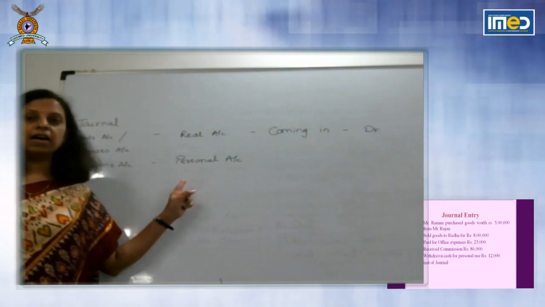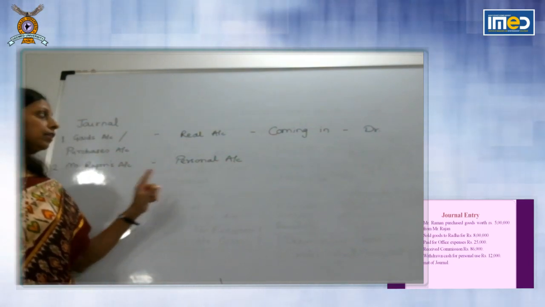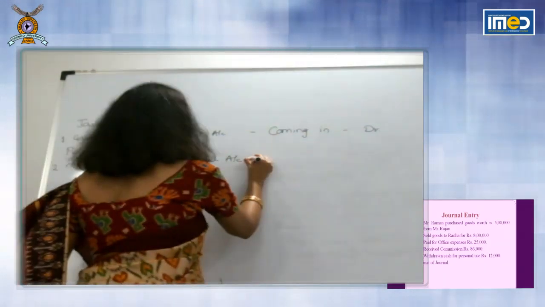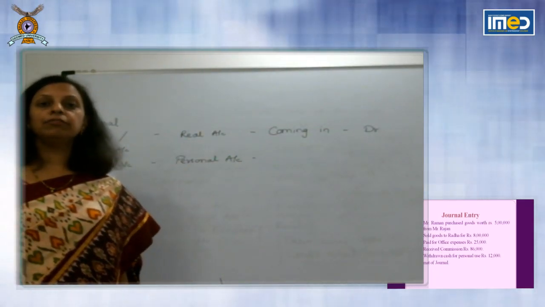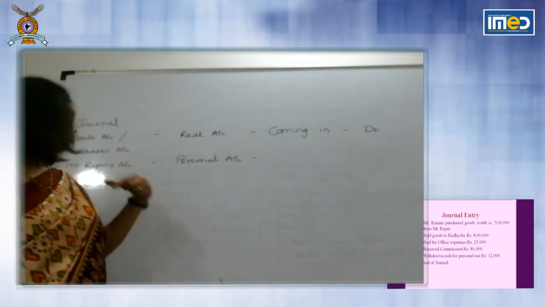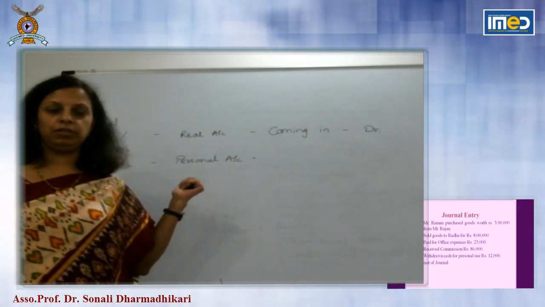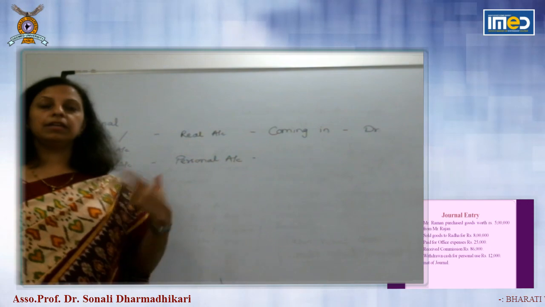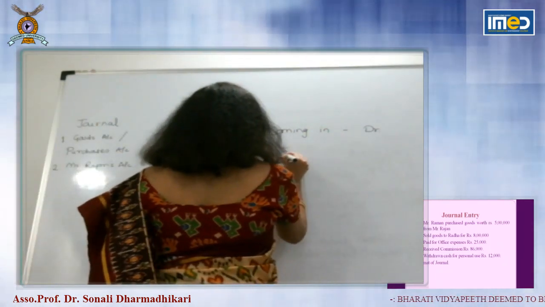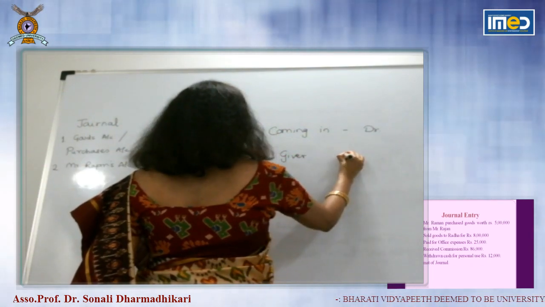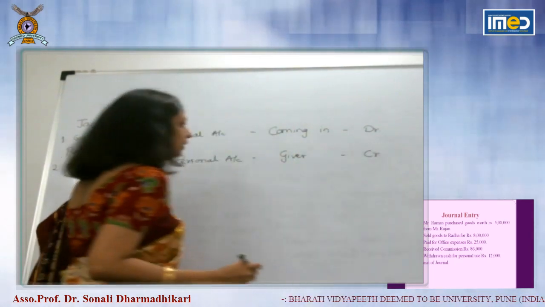Now Rajan's account is a personal account. What is the rule? Debit the receiver, credit the giver. Now you have purchased goods from Rajan. So for the business, Rajan is the giver of goods. His account will be credited.